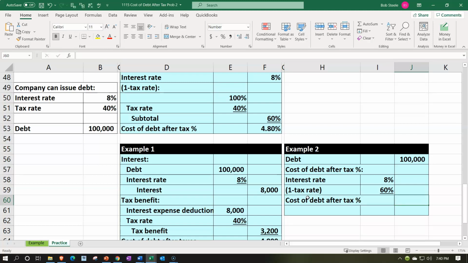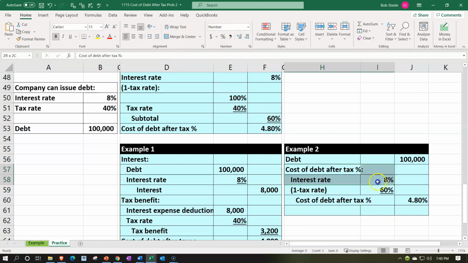Pulling out to the outside, the 8% times the 60%, percentifying that, going to the numbers group, percentify, and then adding some decimals. So we're at the 4.8, and then let's indent this one, go into the alignment, indent, and then indent.